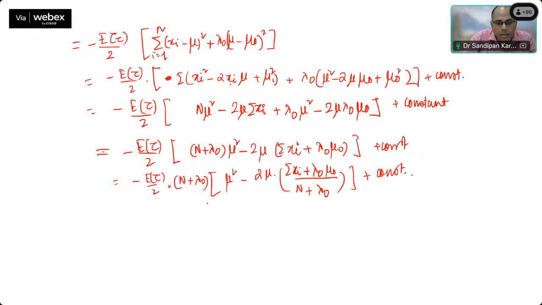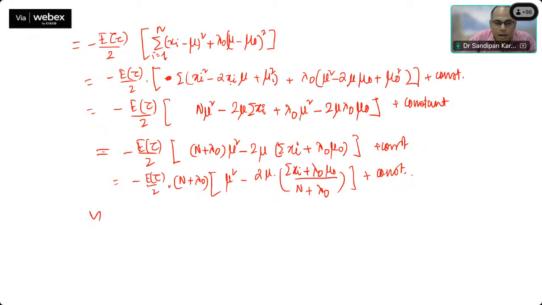So this is a normal distribution. What is its mean and what is its variance? The variance is (n plus lambda naught) inverse, and the mean is (summation of xi plus lambda naught mu naught) divided by (n plus lambda naught).